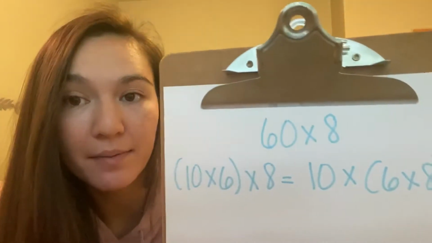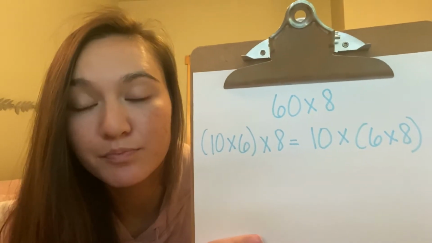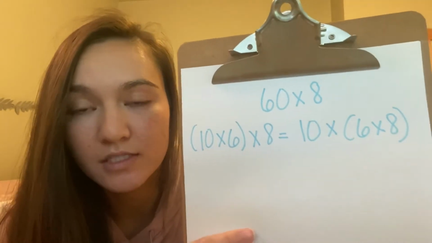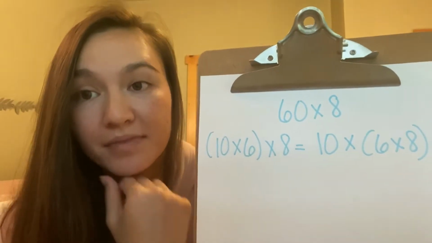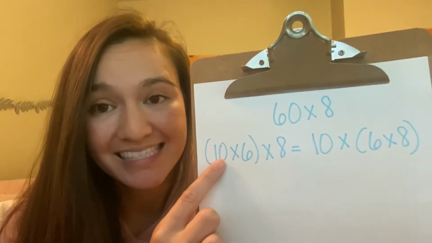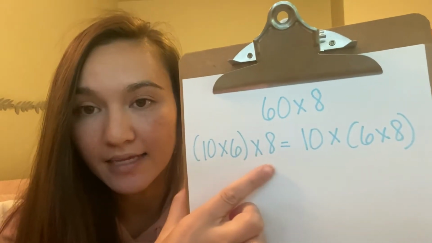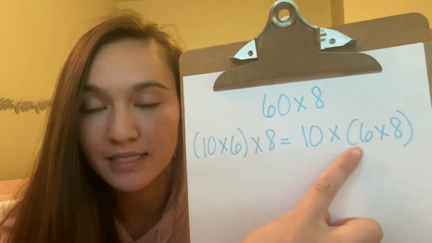So, looking at this first problem, we have 60 times 8. And I broke this equation down to show you the associative property of multiplication. So 60 times 8 is the same as 10 times 6 times 8. And again, 10 times 6 times 8.